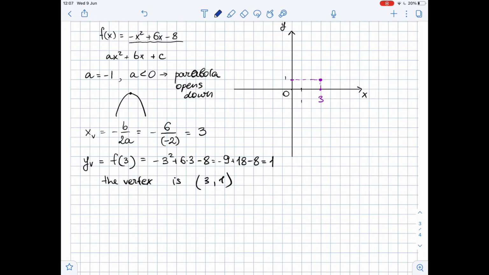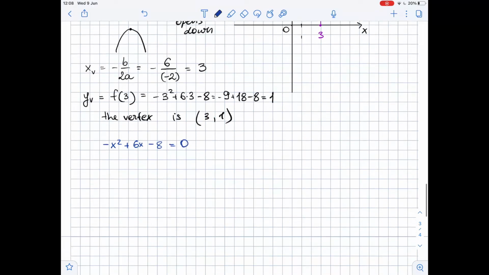To find 2 more points, we can find x-intercepts. So to find that, we just need to let our function be equal to 0, so minus x squared plus 6x minus 8 is equal to 0.